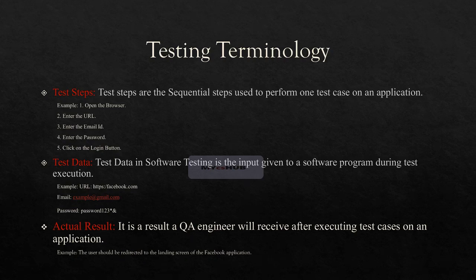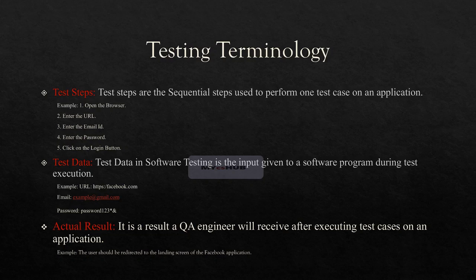Now the next point is actual result. It is a result a QA engineer will receive after executing test cases on an application. So after executing the above test case, the actual result the QA engineer will get is that the user should be redirected to the landing screen of the Facebook application.